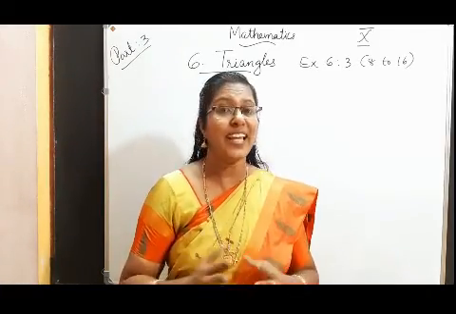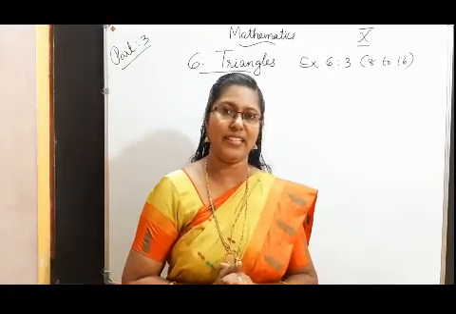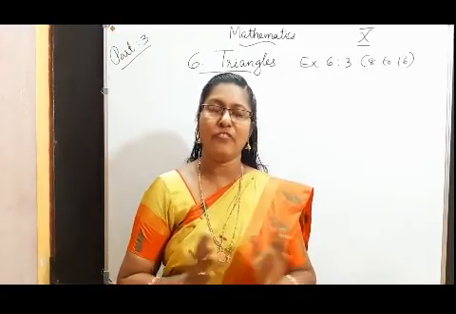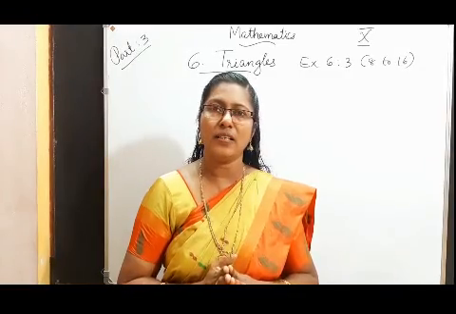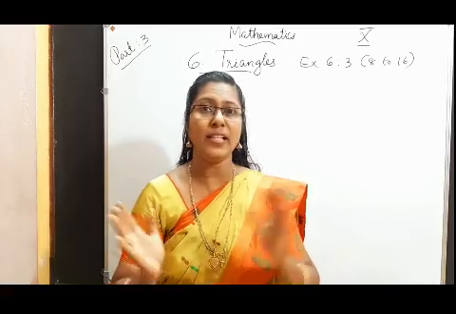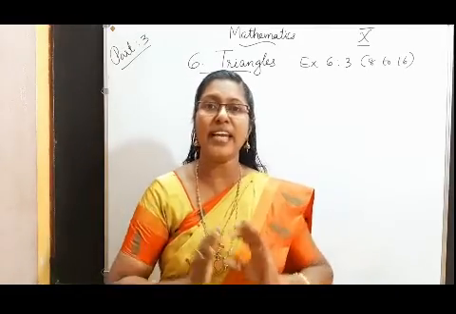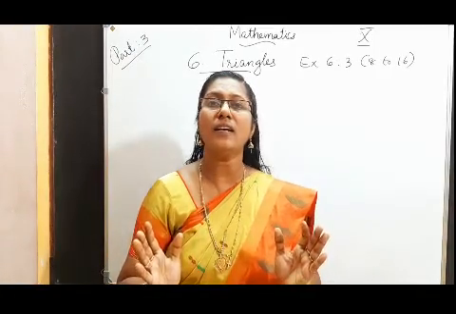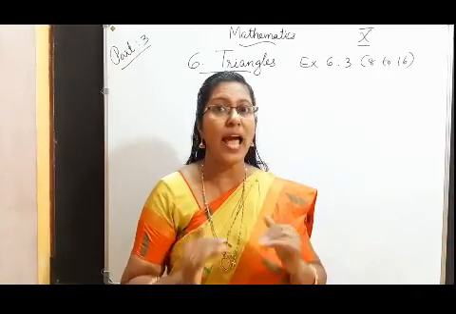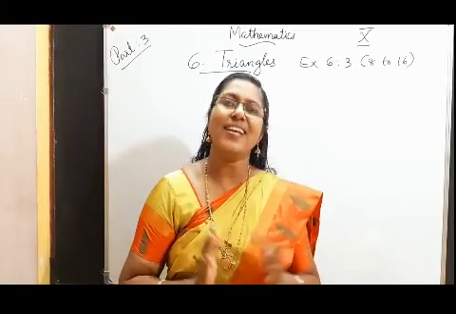Then the third one, the SAS similarity criterion. That means if in two triangles the corresponding sides are proportional and the included angle is equal, then the two triangles are similar.